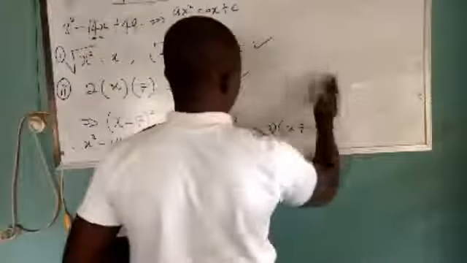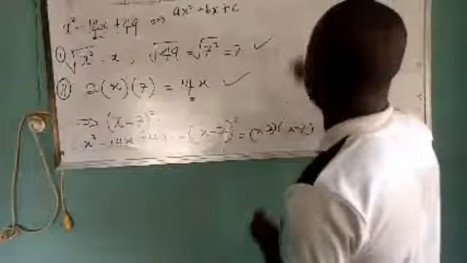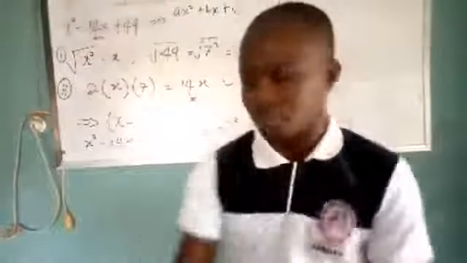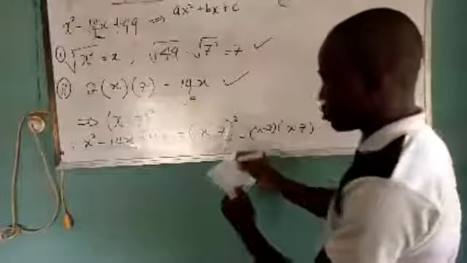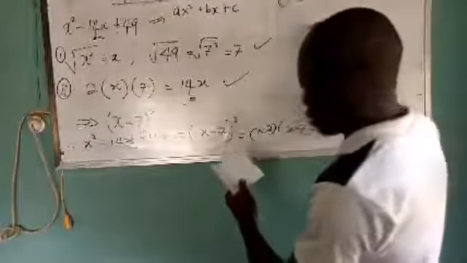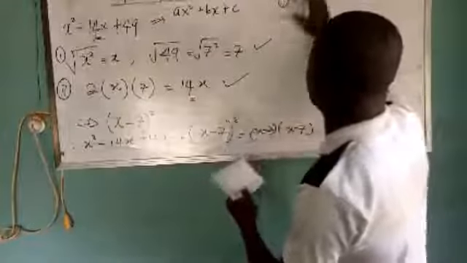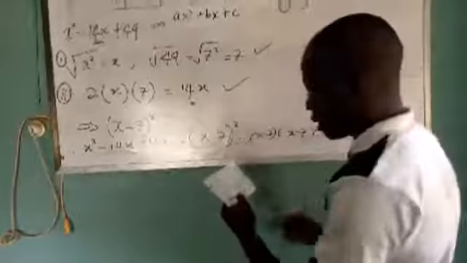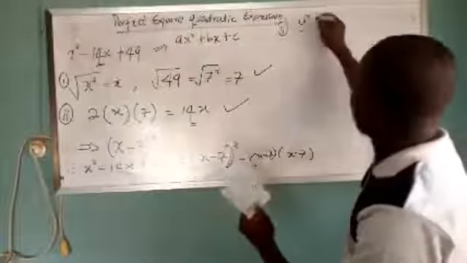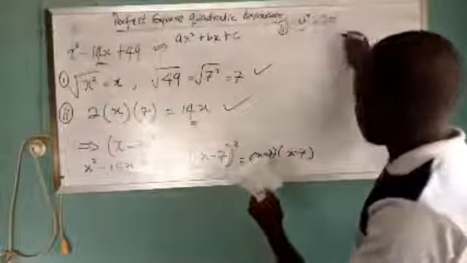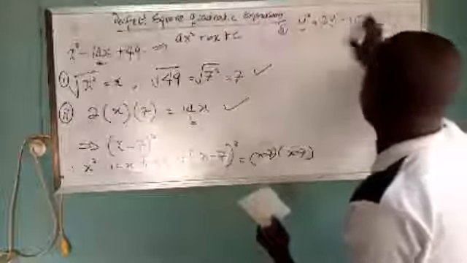Let's check another question. They said we should determine whether this expression is a perfect square. Let me use y instead, so our variable here has turned to y: y squared plus 2y minus 15.